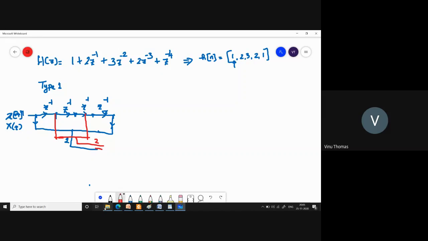And this, I will use a different color for this so that you can appreciate this. I will multiply this by 3. So this is multiplied by 1, this is multiplied by 2, and this is multiplied by 3. So what we'll do is we'll add all these 3 together, and this will be y of n. What is the advantage here that we have?